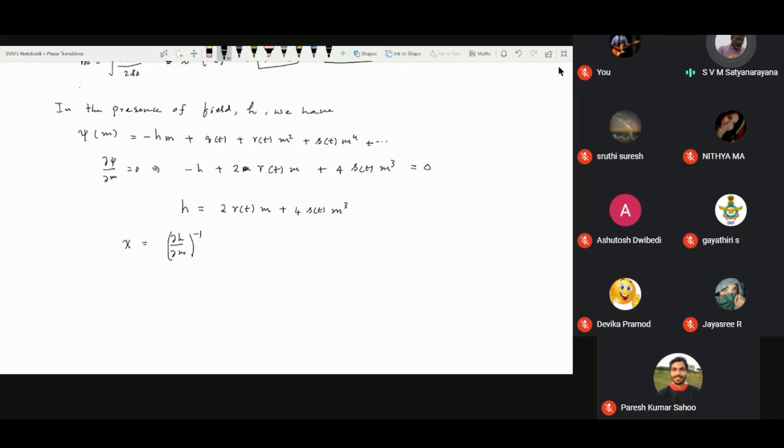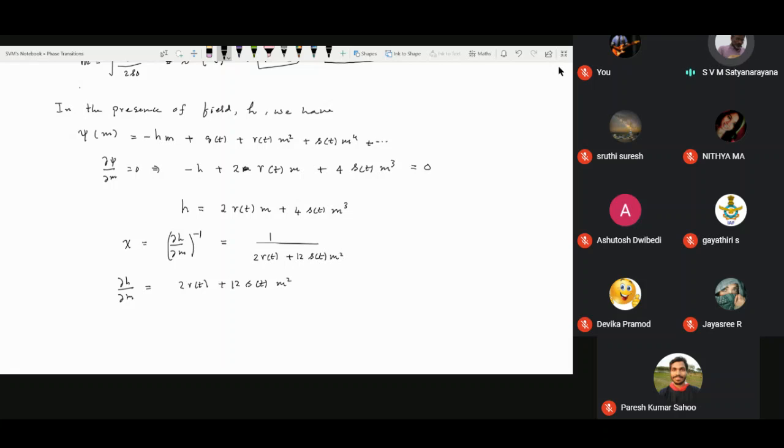What is your dou h by dou m? It is 2 times r of t plus 12 times s of t m square. So this chi is basically 1 over 2 times r of t plus 12 times s of t m square.